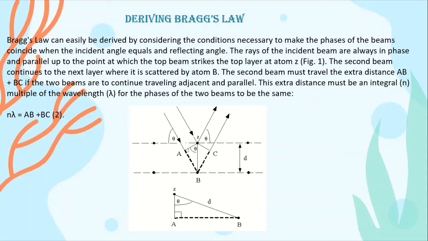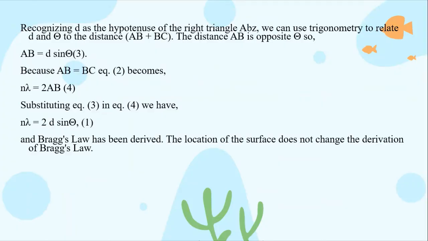So based on this, the first equation before you get Bragg's law is AB plus BC equals n lambda. We can use trigonometry to relate d and theta to the distance AB plus BC. Since the distance AB is opposite to theta, the next equation is AB equals d sin theta.